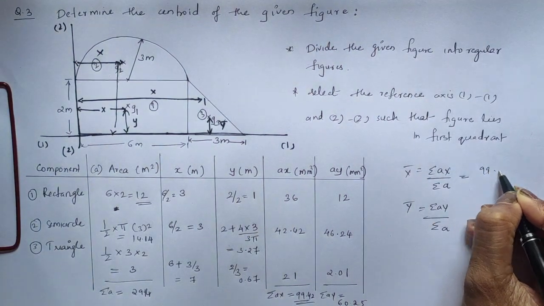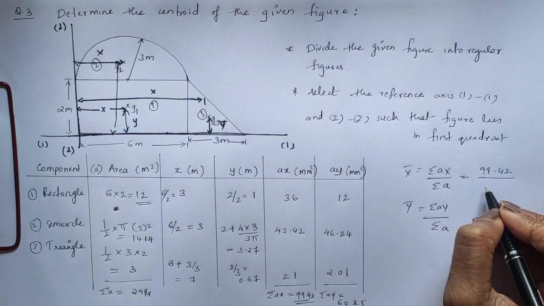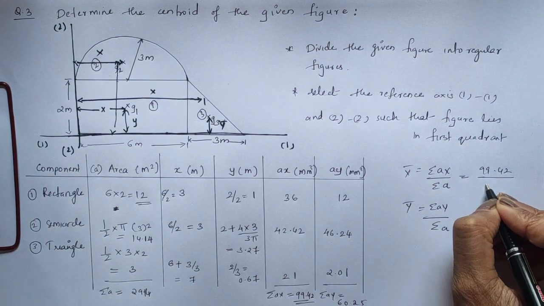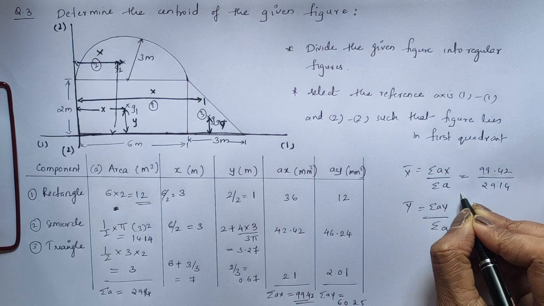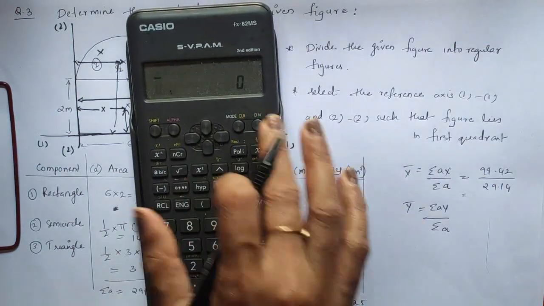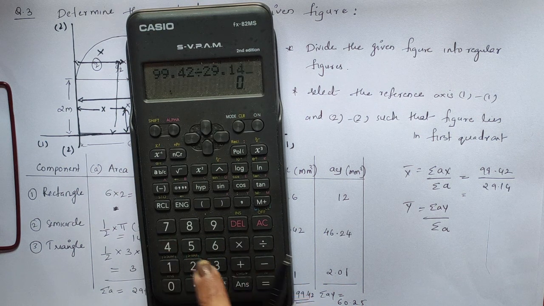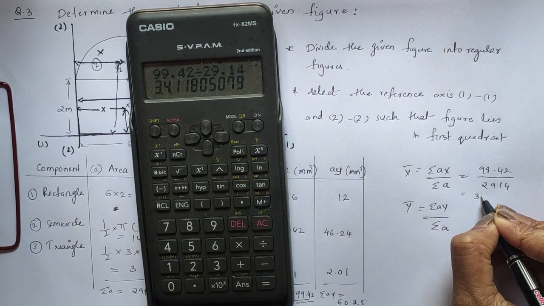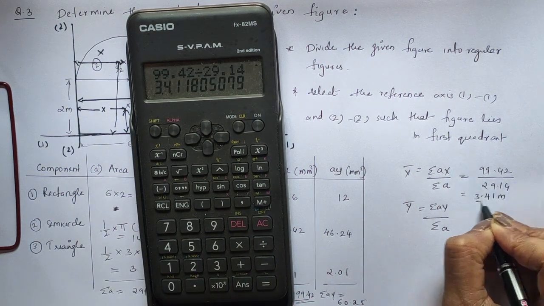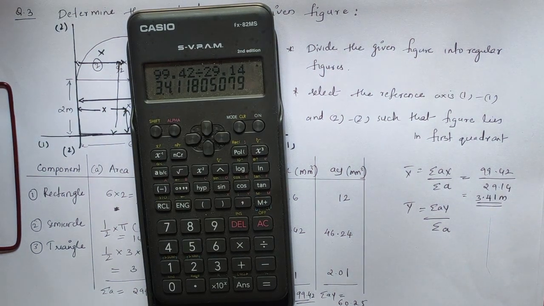Sigma ax is 99.42 divided by sigma a, 29.14, so you can find the answer. 99.42 divided by 29.14 is 3.41 meter. So that is your x bar.